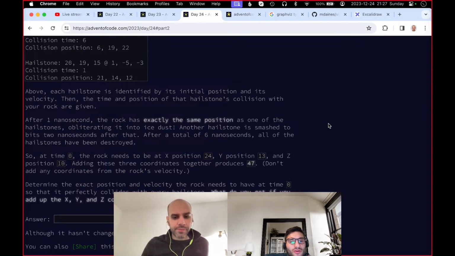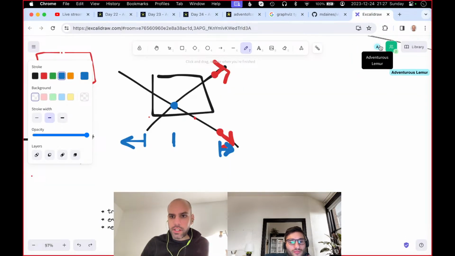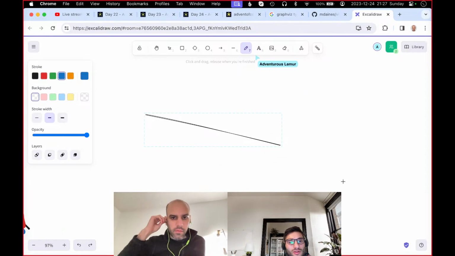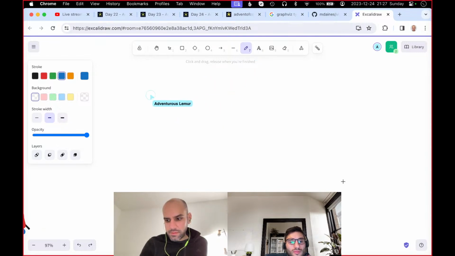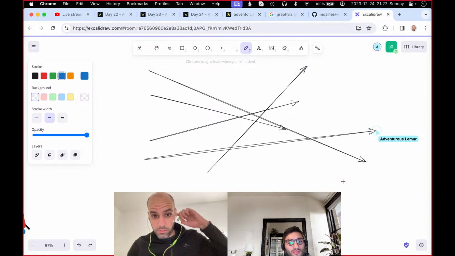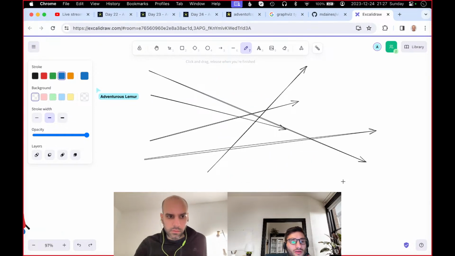So if we go to Excalibur, over there. Actually, we could even change this into arrows. So you have some lines which represent the stones, right? And I guess we just want to draw a line which perfectly does that.